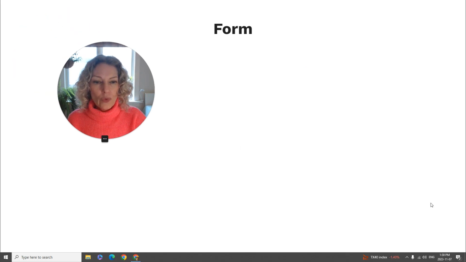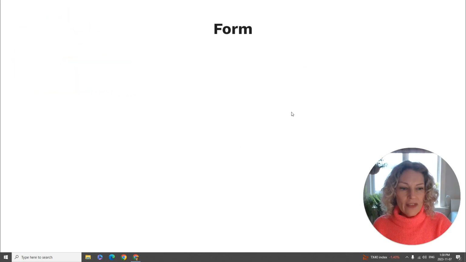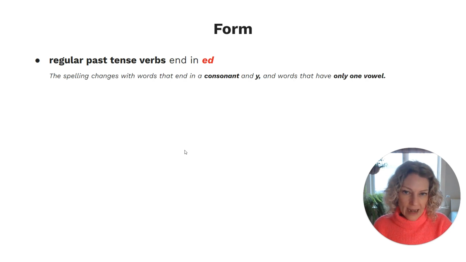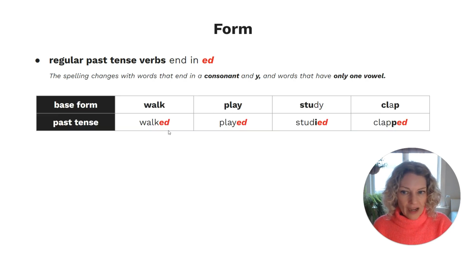So the way that you make the past tense is you add ed to the regular past tense verbs, and there are some spelling exceptions, but you can see that there is always an ed at the end of a regular past tense verb.